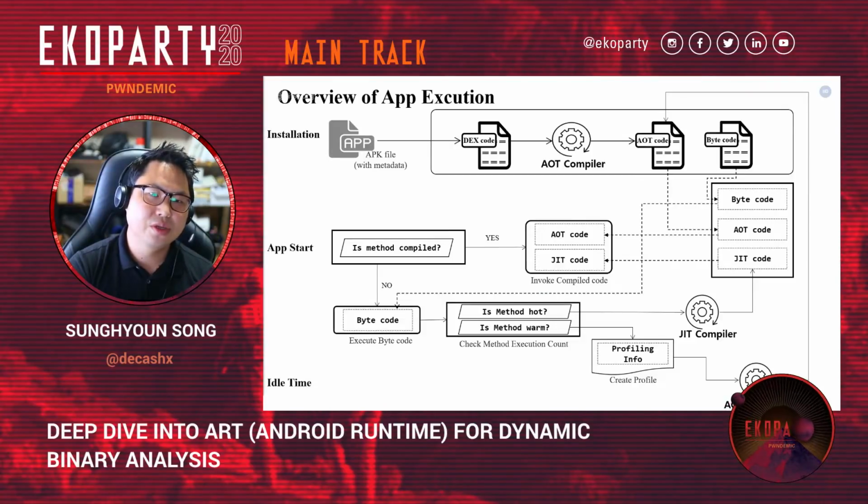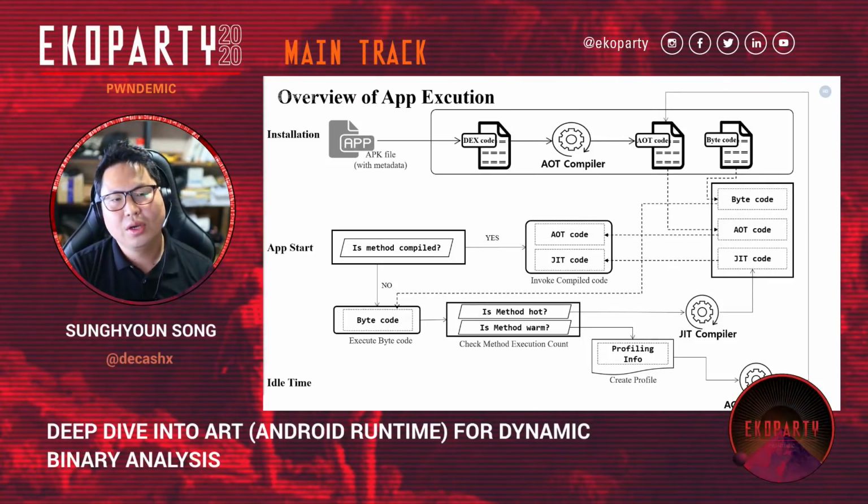This slide shows the whole process of how apps are compiled and executed in Android 10. First, when you try to install the app, the APK file is downloaded to your mobile device along with the optimized profile data as described earlier.